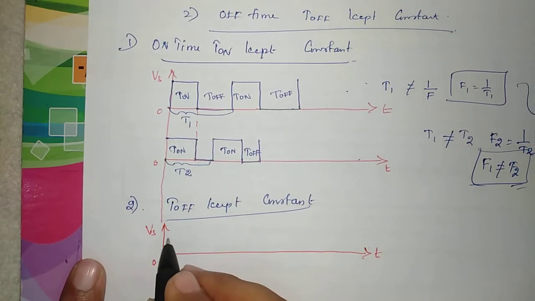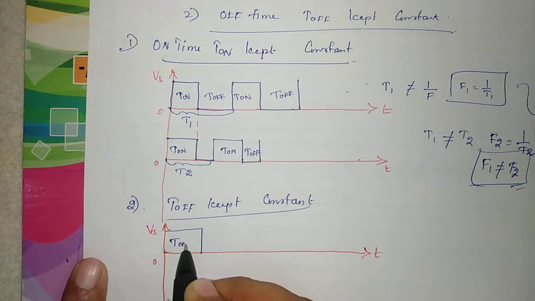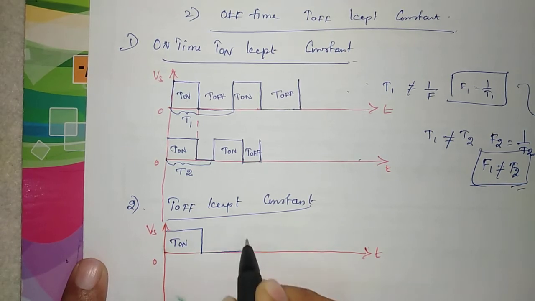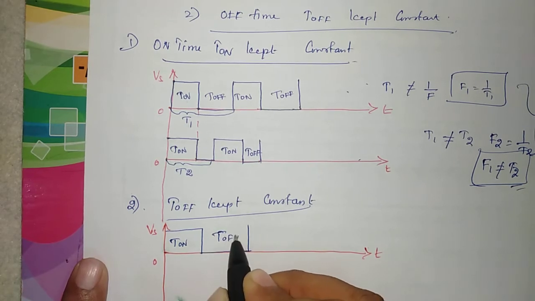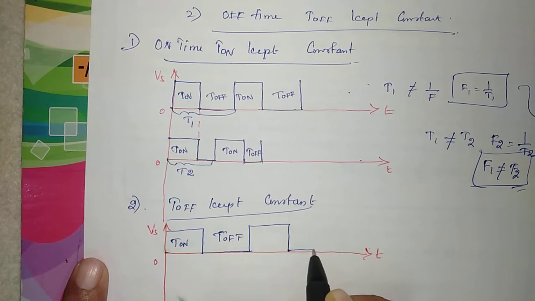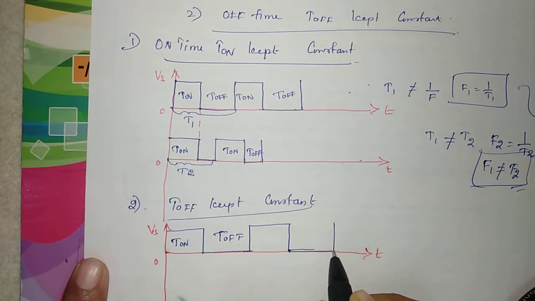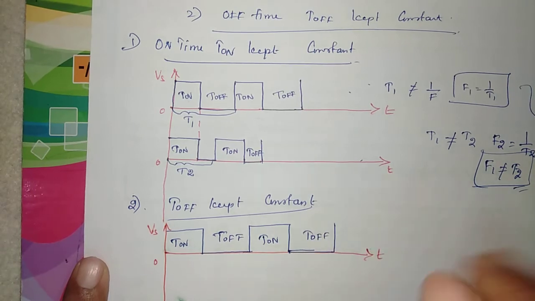So I am going to draw a rough graph for on time. This is my on time, and another we are having another off time. So this is on time and this is off time. So on time same and off time is also same. T on, T off. So likewise it is going on.